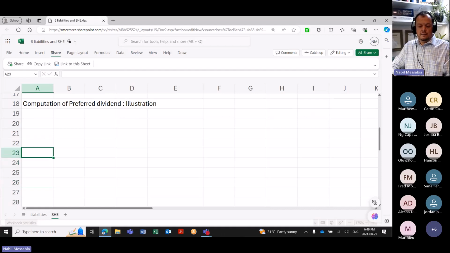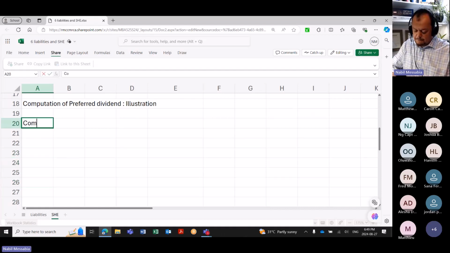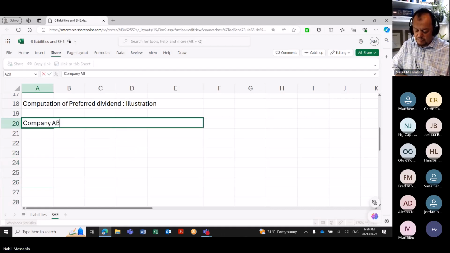So company ABC declared, or first of all, before we say it was declared, have the following capital structure.